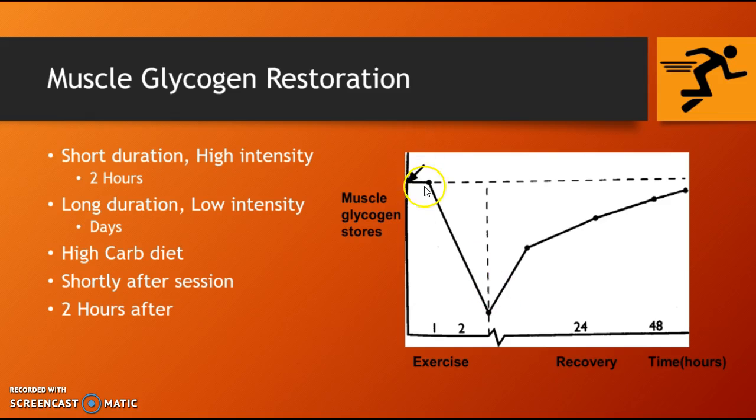Here I've got a little chart, basically showing long duration, low intensity. This would be like a marathon, for example. With long duration, low intensity, it will take a couple of days to actually restore all of your muscle glycogen.